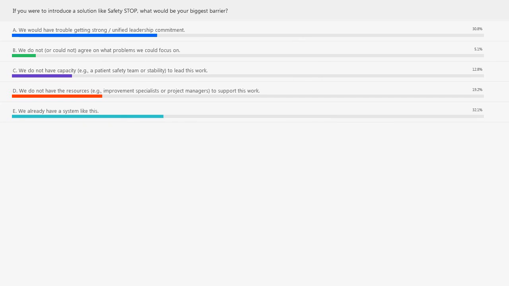So it looks like the major issue, which I agree is probably what most people see as the biggest barrier, is we would have trouble getting strong, unified leadership commitment. And so that is true for about a third. About a third already have a system like this, and I would love to learn from others of you about your system and how it works.